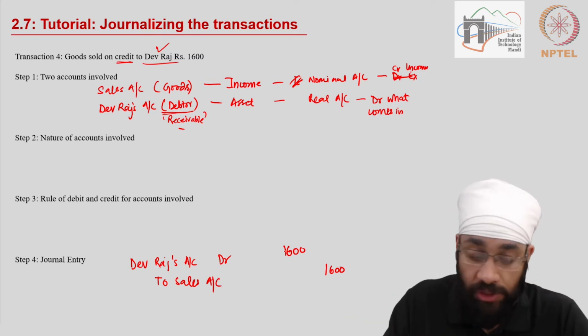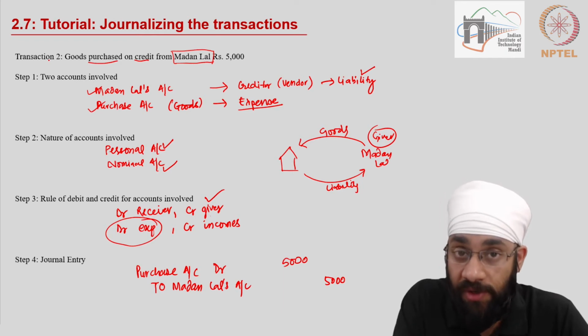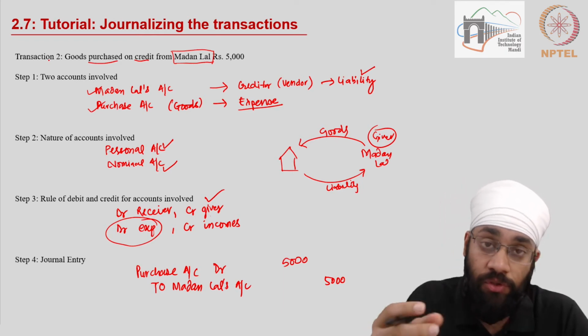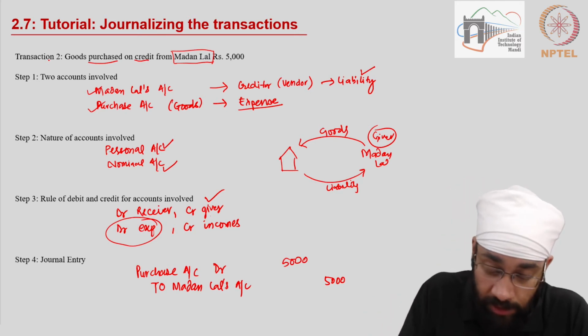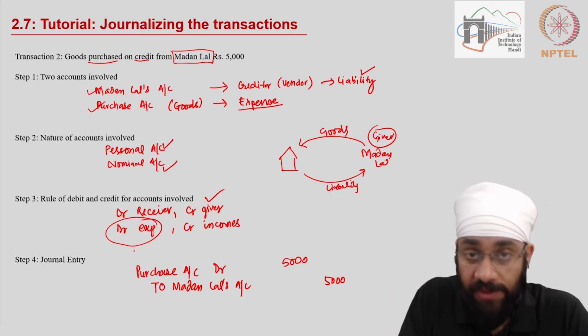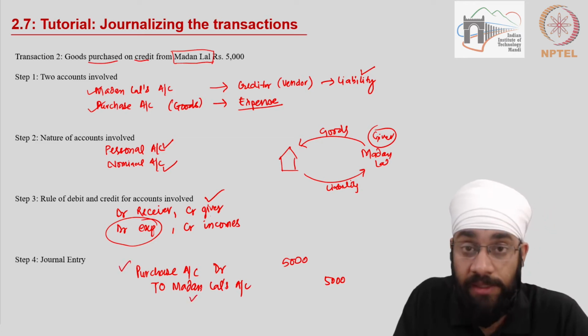I want to, at this point in time, compare this transaction to the previous transaction, transaction 2 rather. In transaction 2, you were purchasing goods on credit, and in transaction 4, you are selling goods on credit. All right. So the journal entry in transaction 2 was purchase debit to Madan Lal's account.